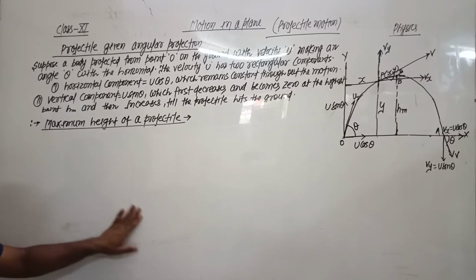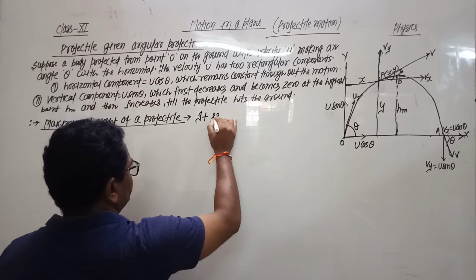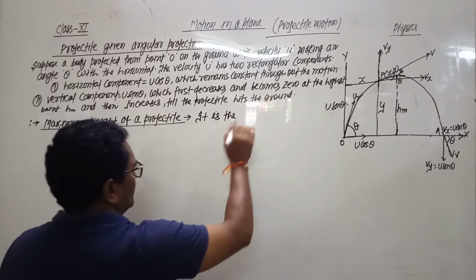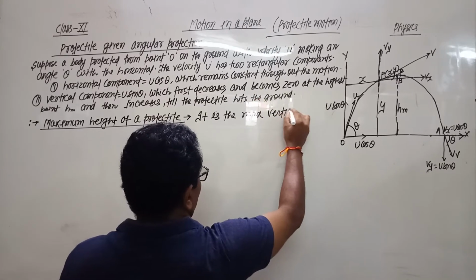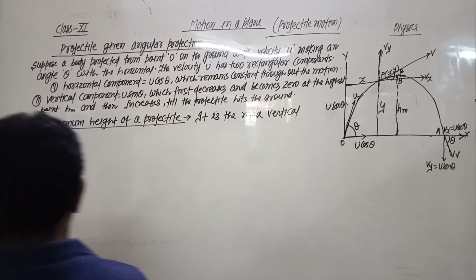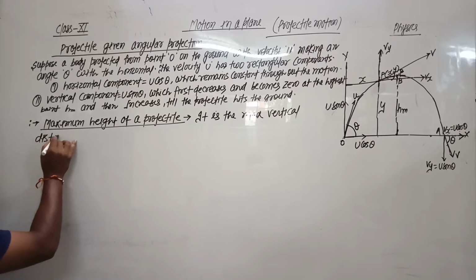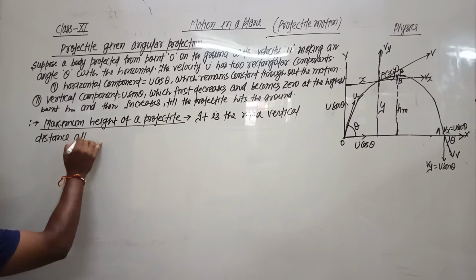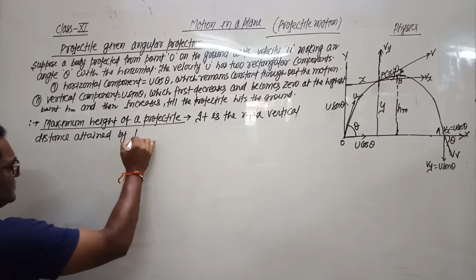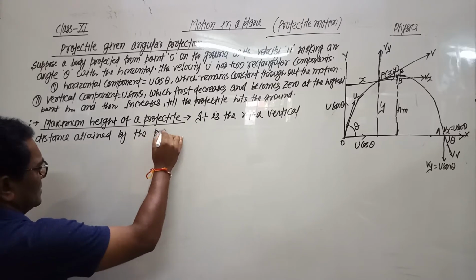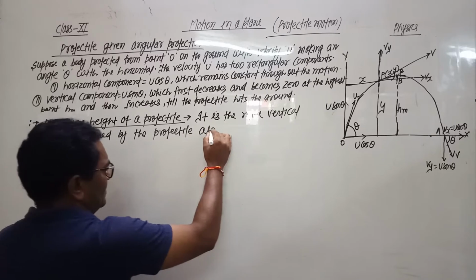What is the maximum height of a projectile? It is the maximum vertical distance attained by the projectile above the horizontal plane.